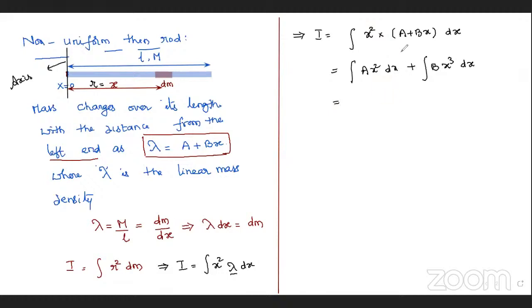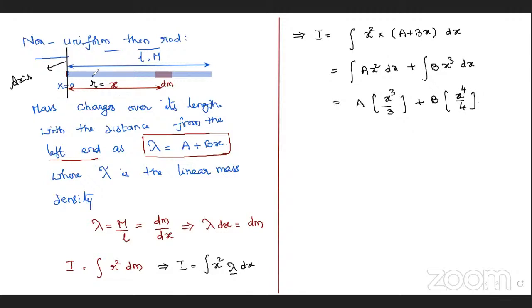Simple. So a is constant, taken out. X square integration, I think you remember, is x cube by 3. And then here b, x cube integration is x power 4 by 4.